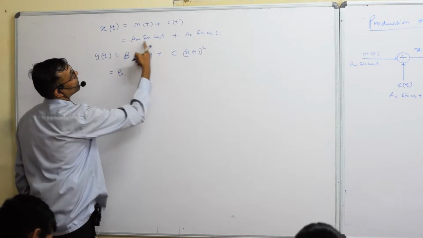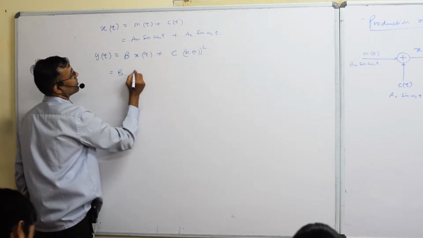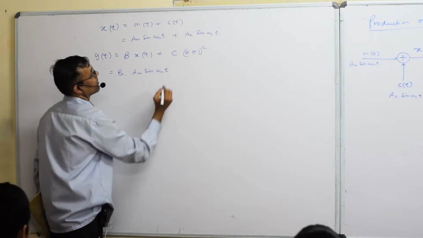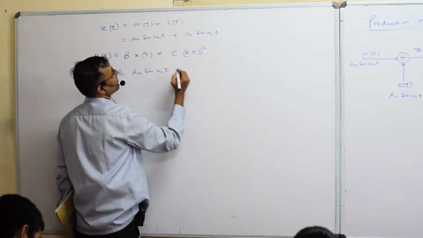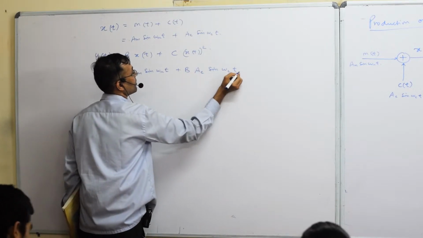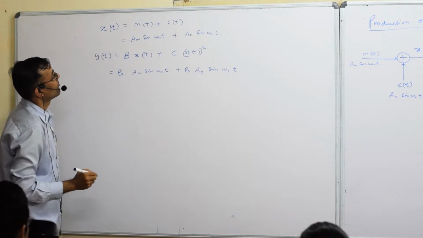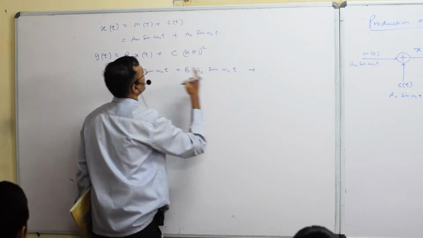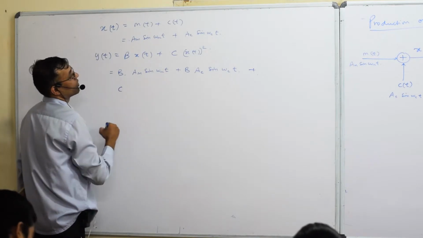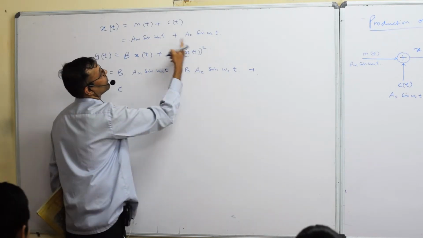I know x of t is this one, so I have to substitute here. So Am sin omega m t plus b into this, which means b into Ac sin omega c into t, plus c into x of t the whole square.